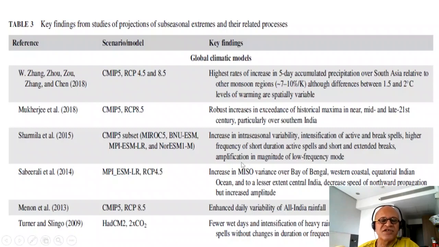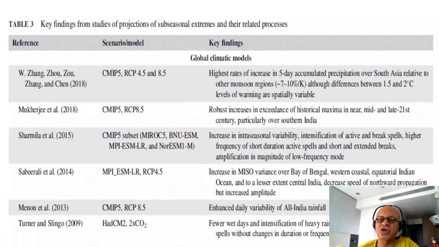diagnostics and phenomenologies are mentioned. Sabeerali looked at the German model with one scenario to conclude that increase in meso variance over the Bay of Bengal, western coastal and equatorial Indian Ocean, and to a lesser extent over central India, decrease in speed of northward propagation but increased amplitude.